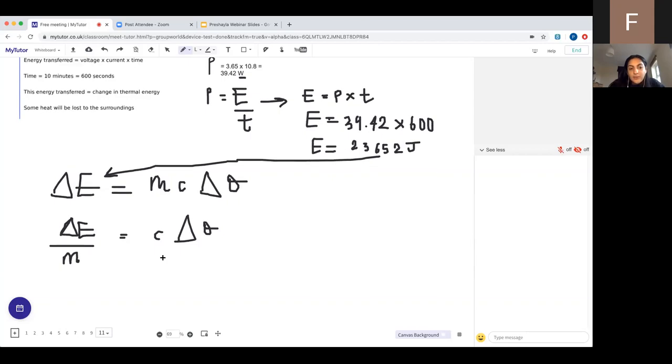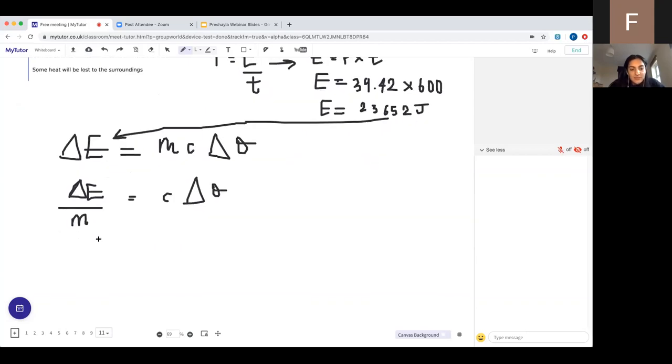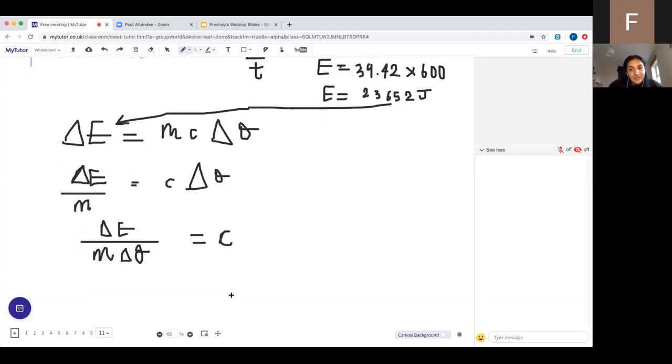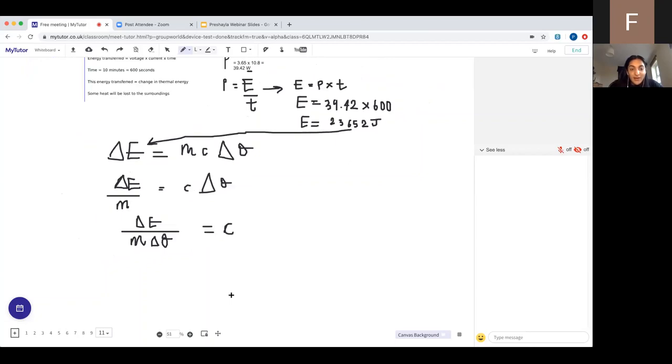Then we're going to divide both sides by delta theta, so that we get C on its own. Remember, C is what we're trying to find. We're trying to find the specific heat capacity of that material. Well, now we have every value in that equation, so we can work it out.